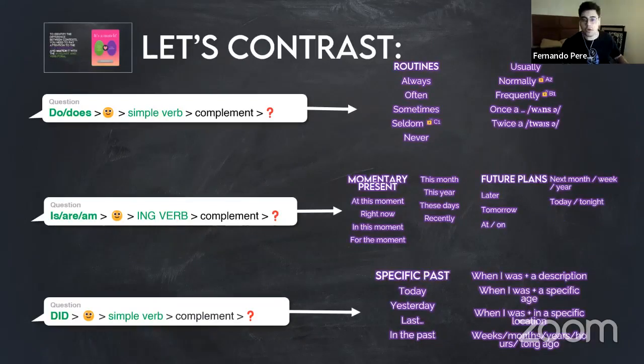Because we are going to contrast in future classes the difference between a specific past versus not a specific past. It's very different in English and it's a different conversation. Okay, so in this moment, the time is a specific past.